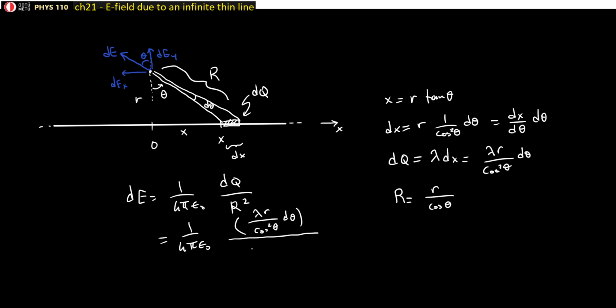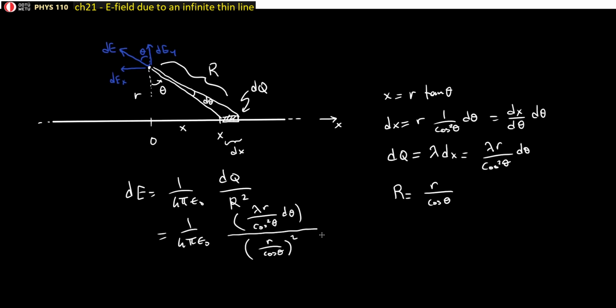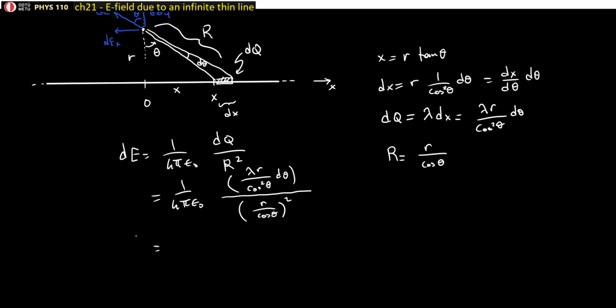And then I need to divide this by the distance squared, so that's r divided by cosine theta, squared. And when you compute this, the magnitude of the electric field at that point would be lambda divided by 4 pi epsilon 0 r times d theta.